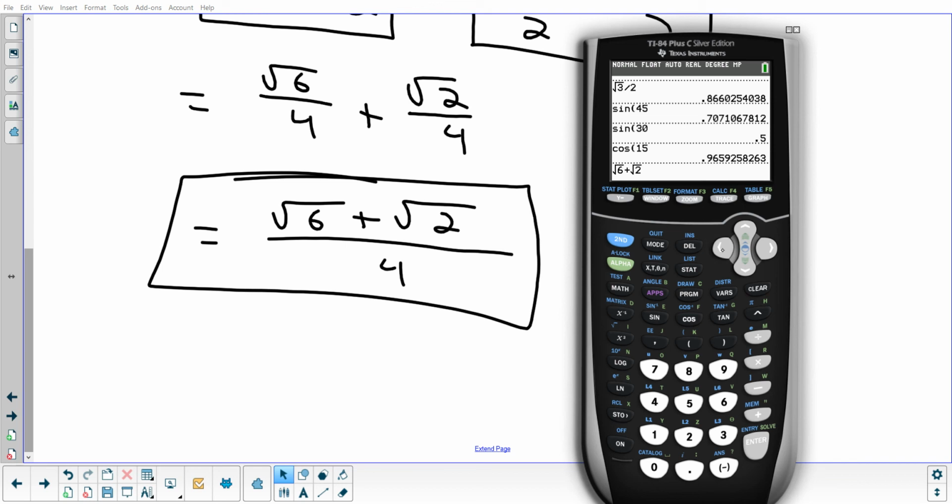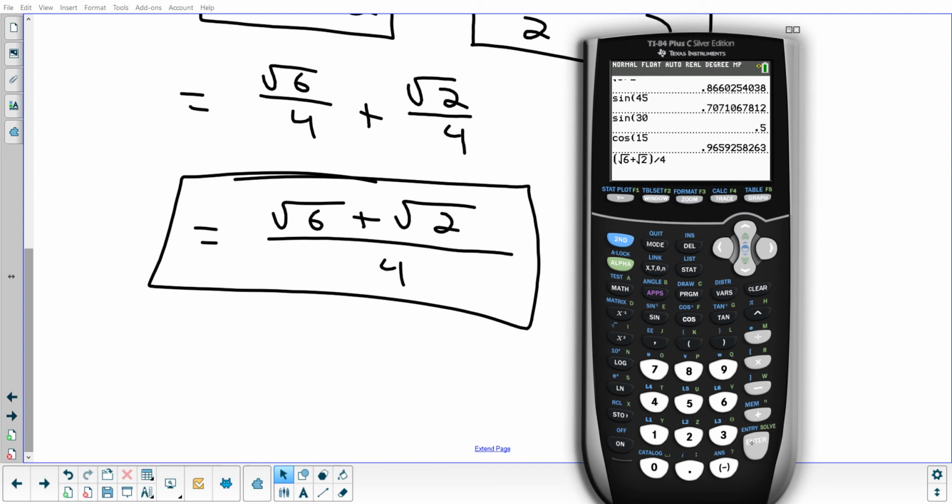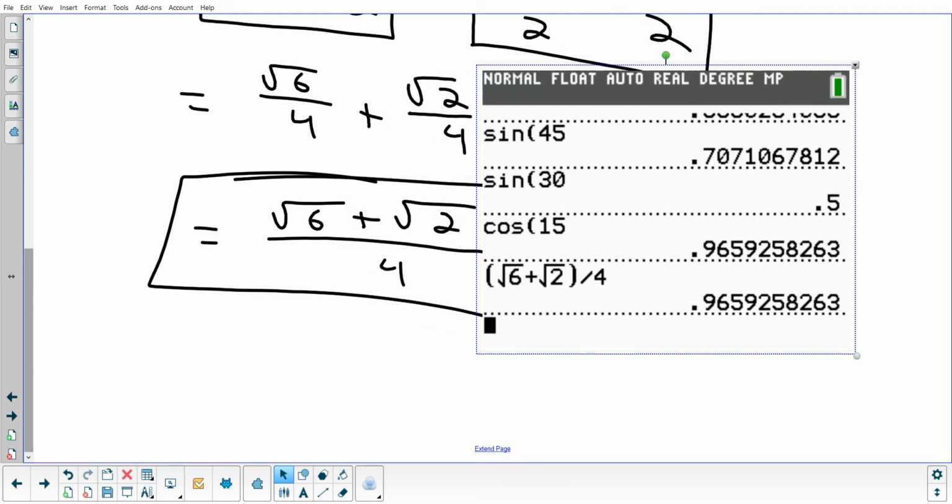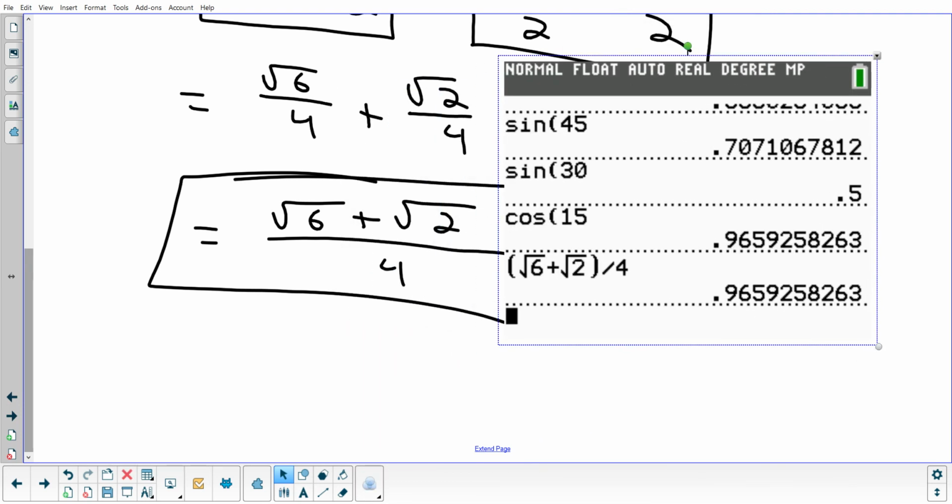If I don't do parentheses around the entire numerator, the divide by 4 part, it's not going to work right. Okay, so put that here, hit divide by 4. And if you look, we got exactly the same. So that's how you can find the exact answer of cosine of 15.